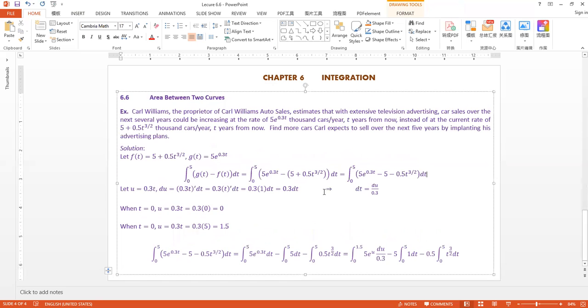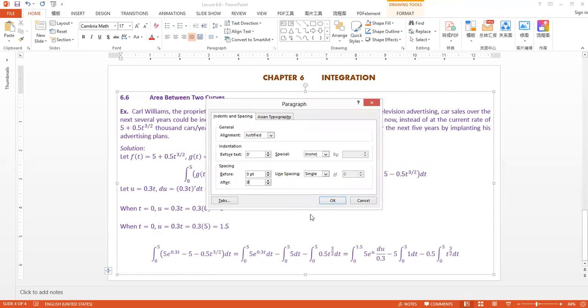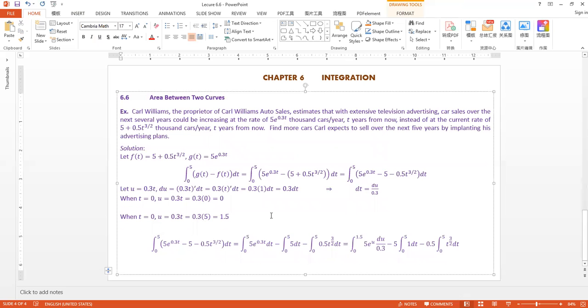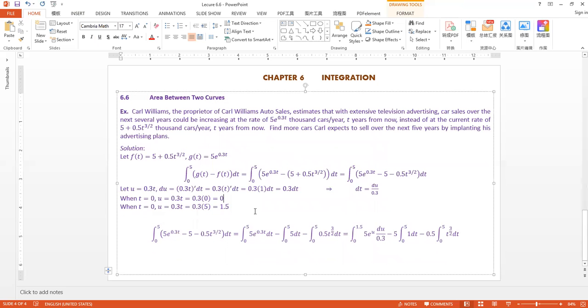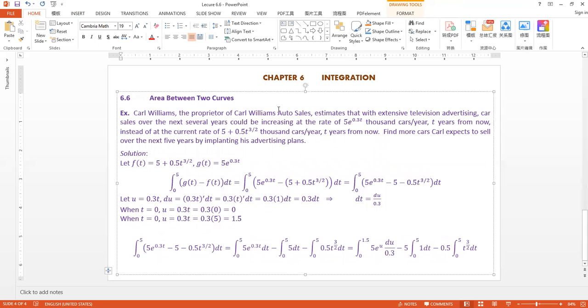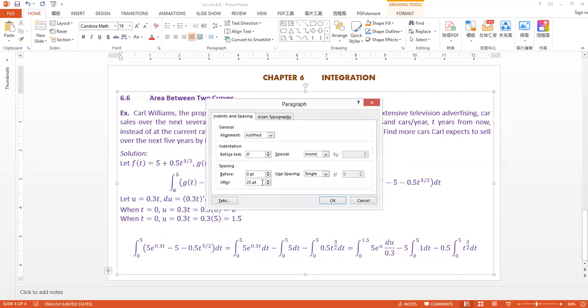So we have more space to work on, and we can see it more clearly. Okay. Okay, that's much better.